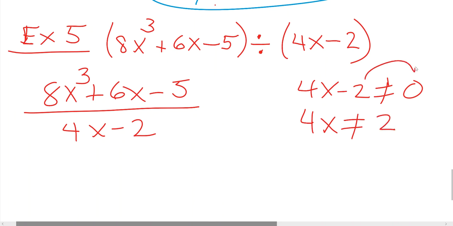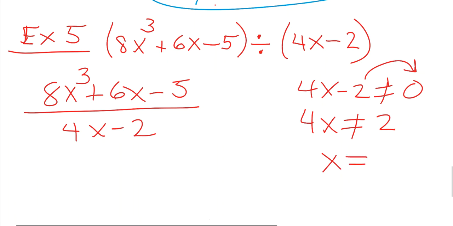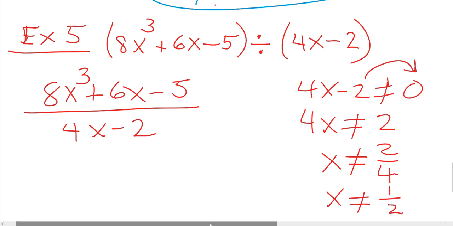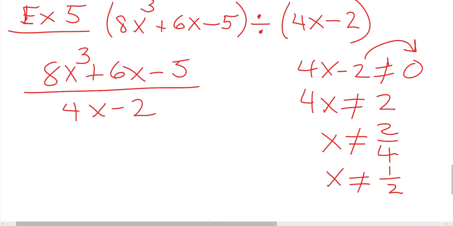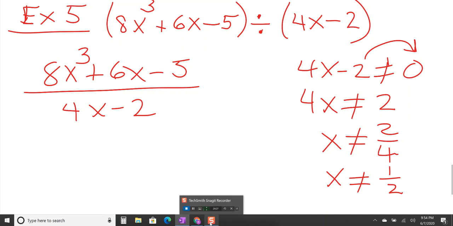If I take the 2 over to this side and divide both sides by 4, x cannot be equal to 2 over 4, or x cannot be equal to 1/2, okay?